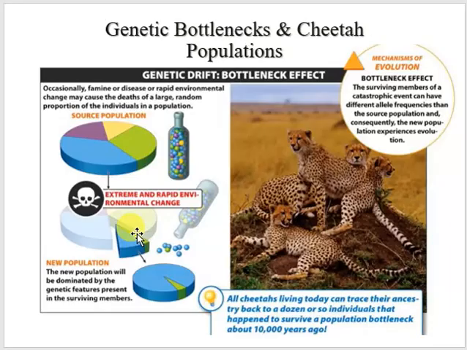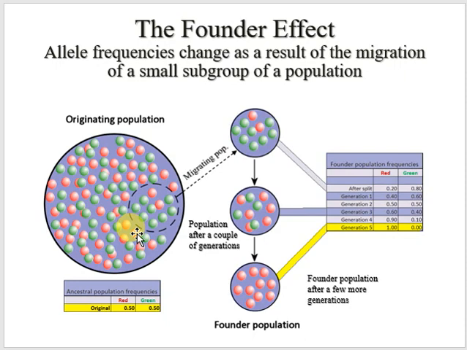So with this founder effect, you're going to have significantly lower allelic frequencies because you have only a few individuals that are forming a very small population.